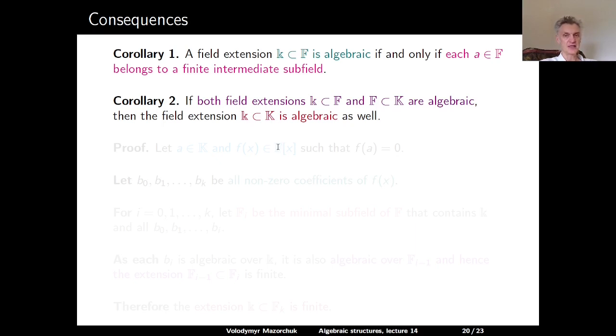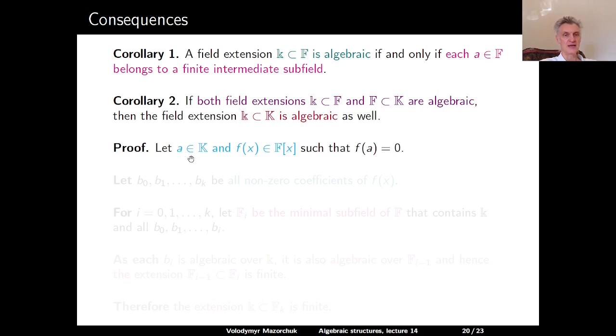If both field extensions of k inside F and F inside K are algebraic, then the field extension of little k inside capital K is algebraic as well. So algebraic extensions behave transitively. If we have two algebraic extensions and we can compose them, then the outcome will also be algebraic.